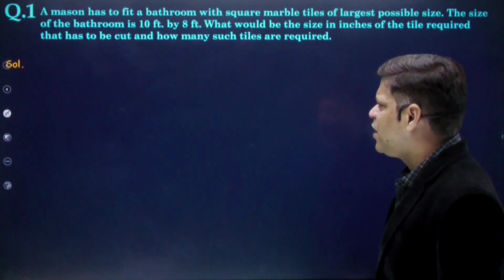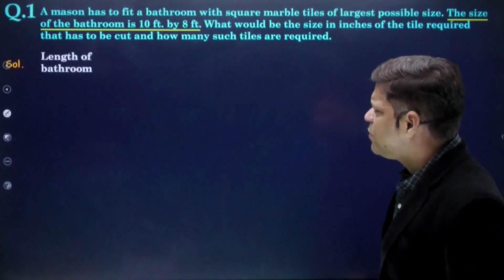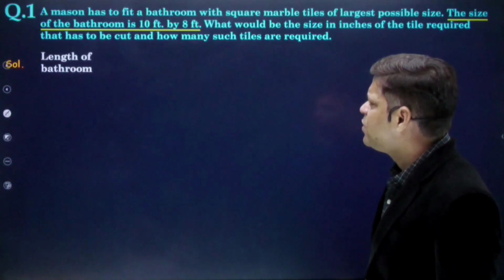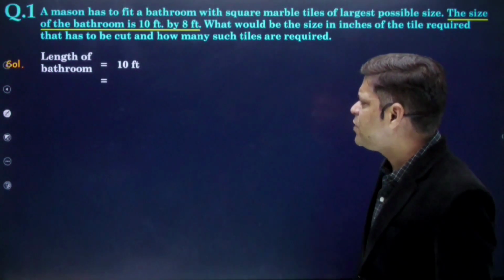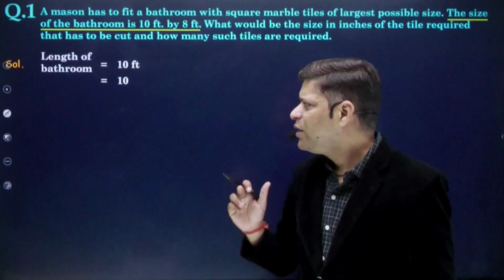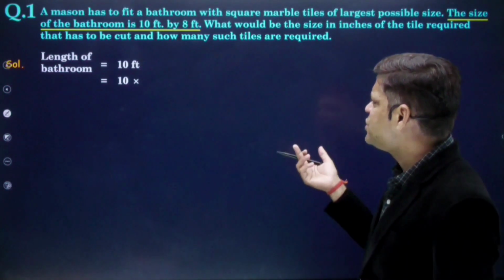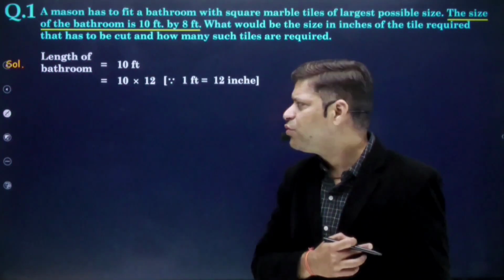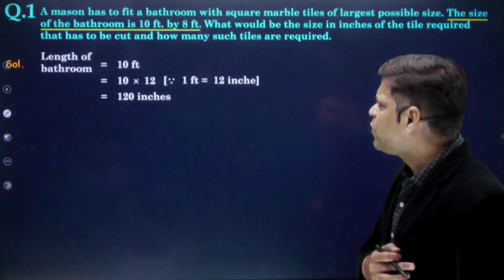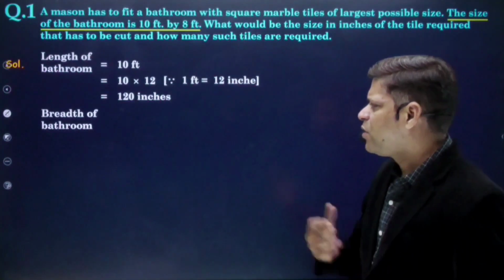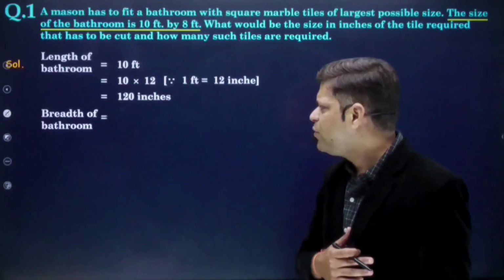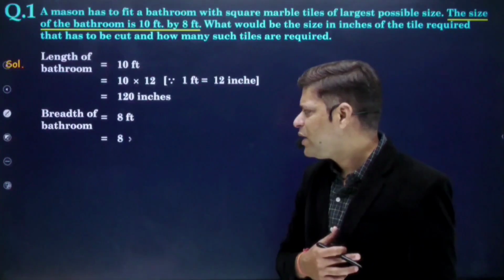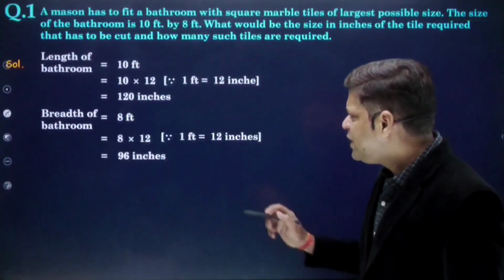Okay, so let's see how we will find it. Firstly, the length of the bathroom is 10 feet and the breadth is 8 feet. The length is 10 feet, we have to change it into inches, so we will multiply by 12 because 1 foot is equal to 12 inches, so it will be 120 inches. In a similar way, for the breadth of the bathroom, it is 8 feet, so multiply 8 by 12, then it will be 96 inches.